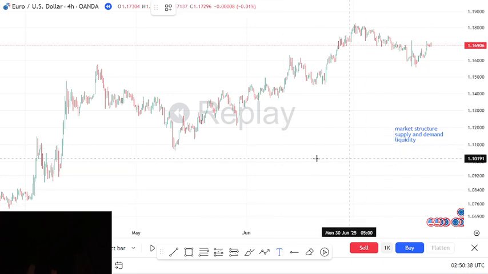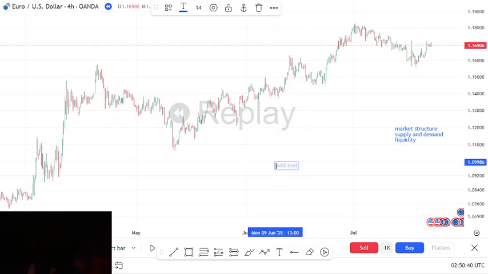After market structure, within market structure, what do we look for? We look for swing structures. We look for internal structures. And we look for fractal structures.